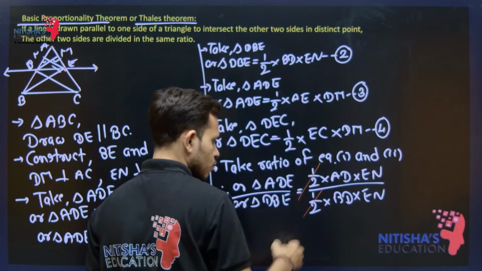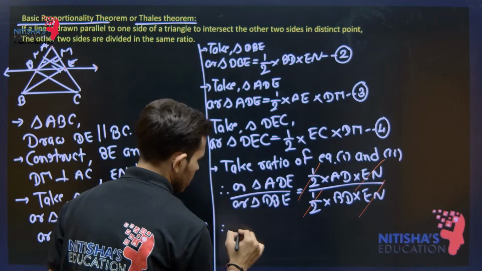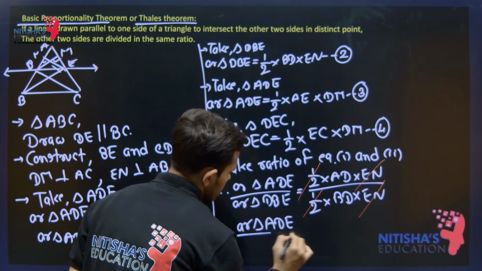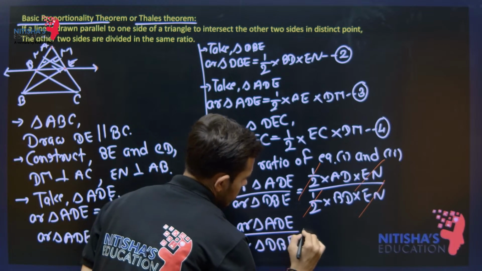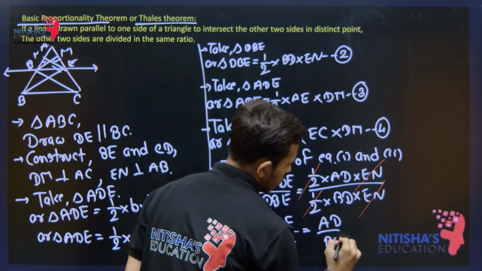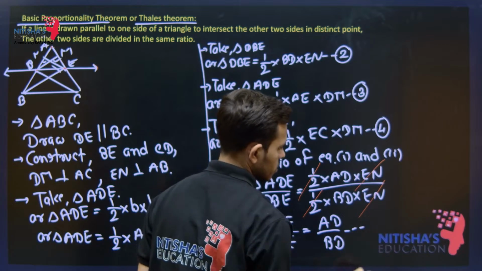Now this 1 upon 2 will get cancelled, EN will get cancelled. Therefore area of triangle ADE upon area of triangle DBE is equal to AD upon BD. This is our fifth equation.